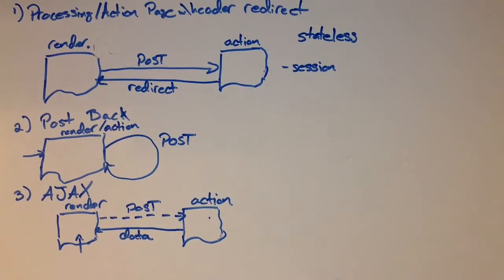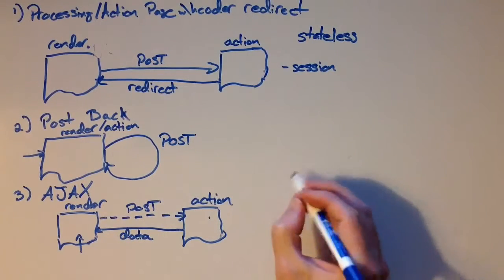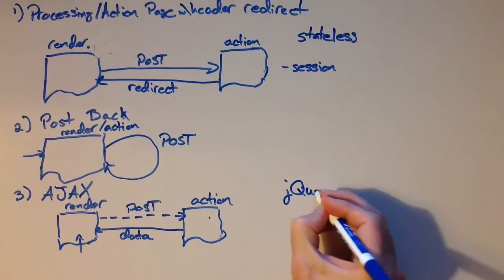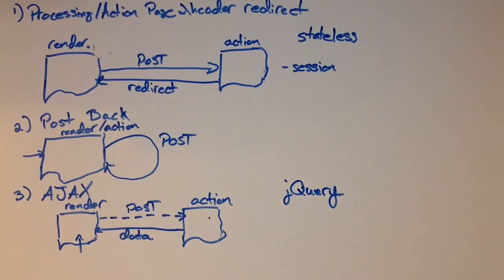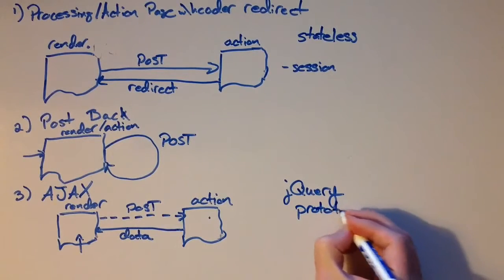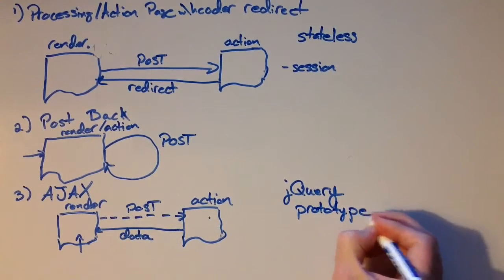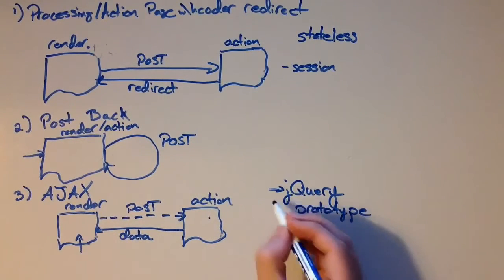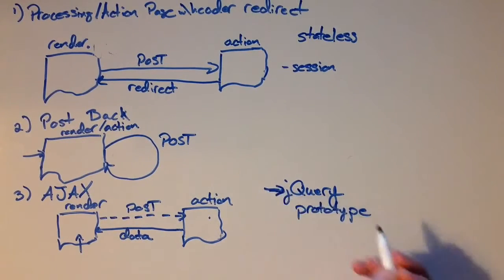One very popular Ajax library is called jQuery. The one before that, which you don't really hear much anymore, was the first one I heard about. It's called Prototype, but that seems to have gone by the wayside, and jQuery seems to be the predominant one.